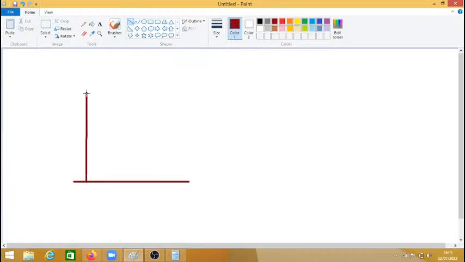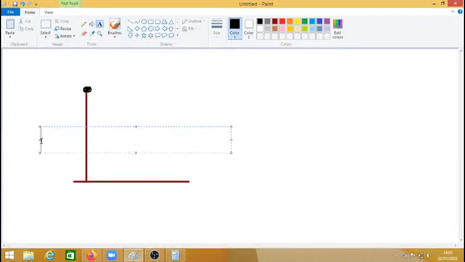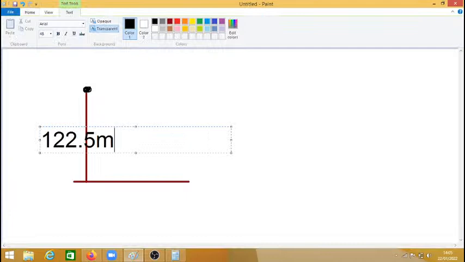So let's draw that up here. So in this question, this is where the particle is being projected off. We've got a distance here of 122.5 meters.